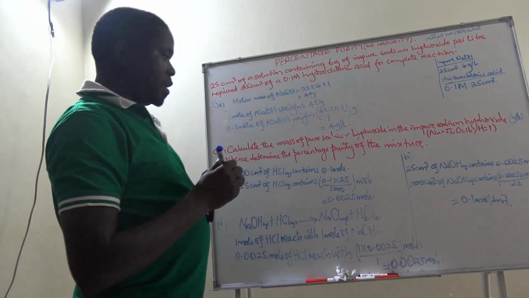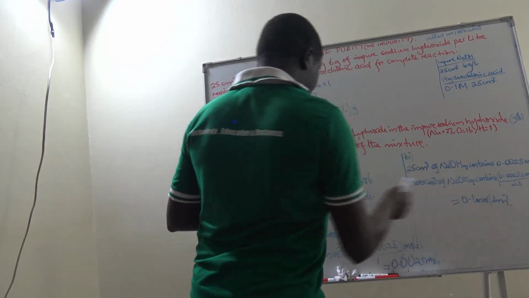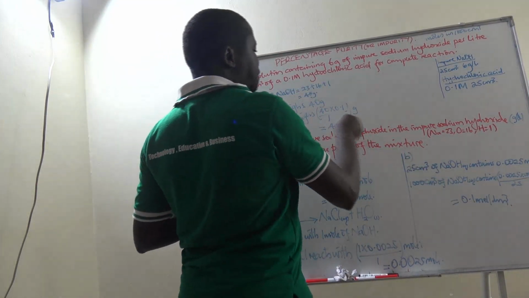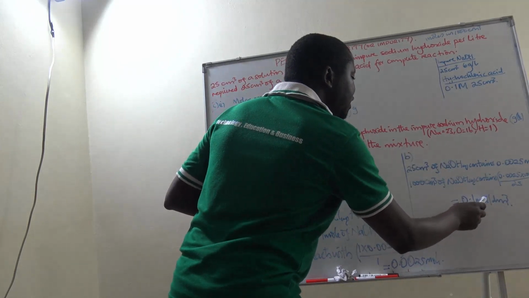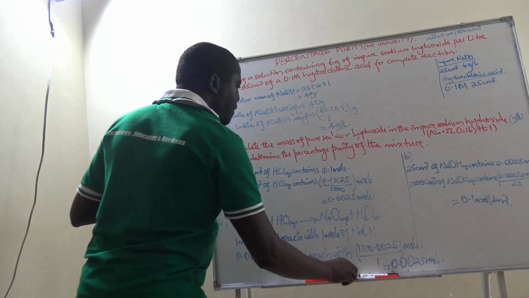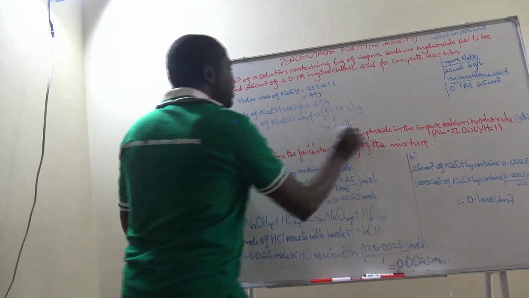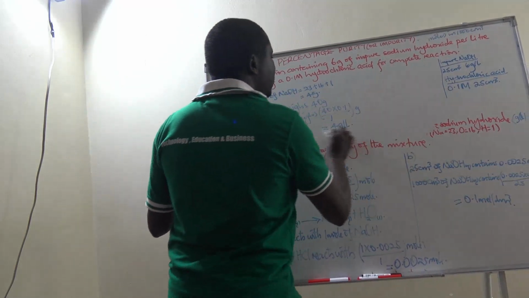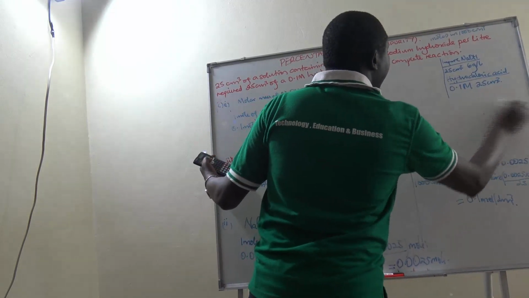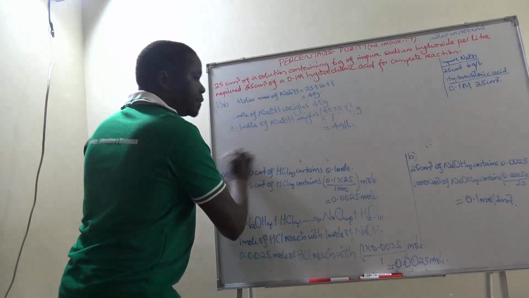So we have changed the value of molarity, which is the concentration moles per liter, to the concentration grams per liter by converting molarity to mass in grams. Then finally, we have to determine the percentage purity. That is the percentage of pure sodium hydroxide in the mixture. It gives us the percentage purity of the mixture.